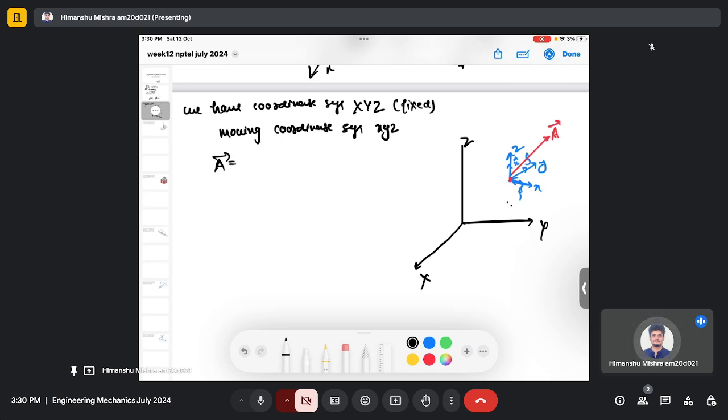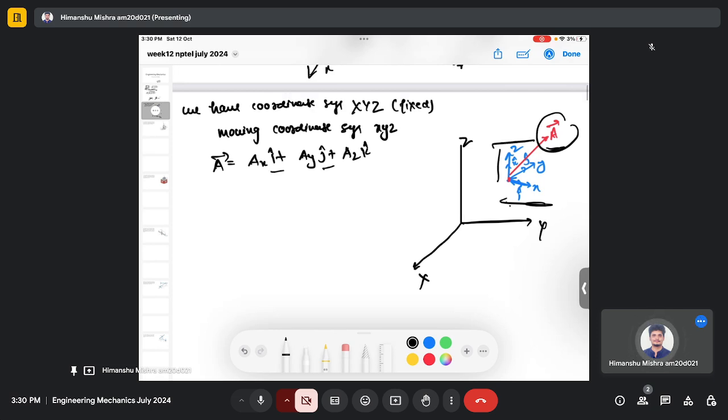It can be given as ax i cap, ay j cap, and az k cap. A is some vector, right? And I am specifying this vector in the moving coordinate system, the blue color, which I have written in terms of small x, small y, and small z, in the direction of i cap, j cap, and k cap.